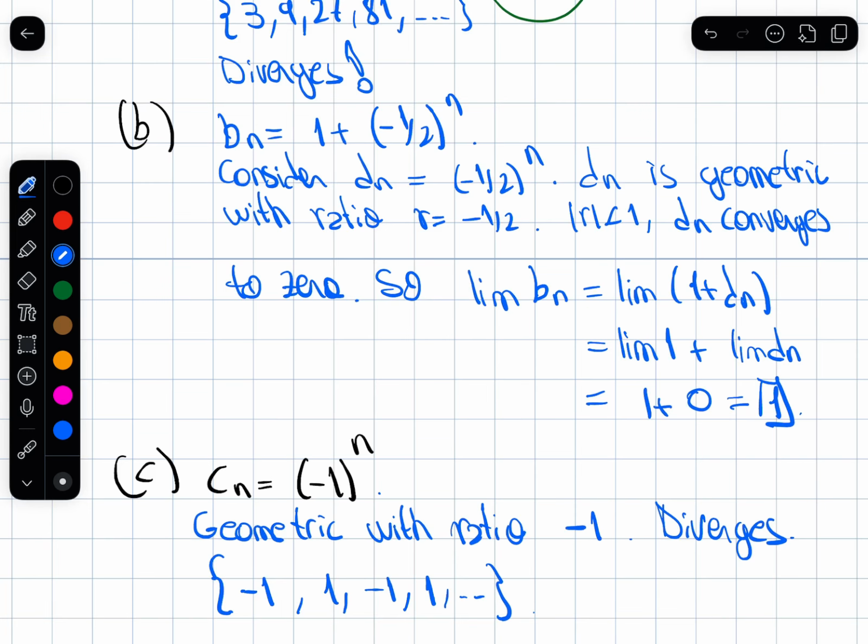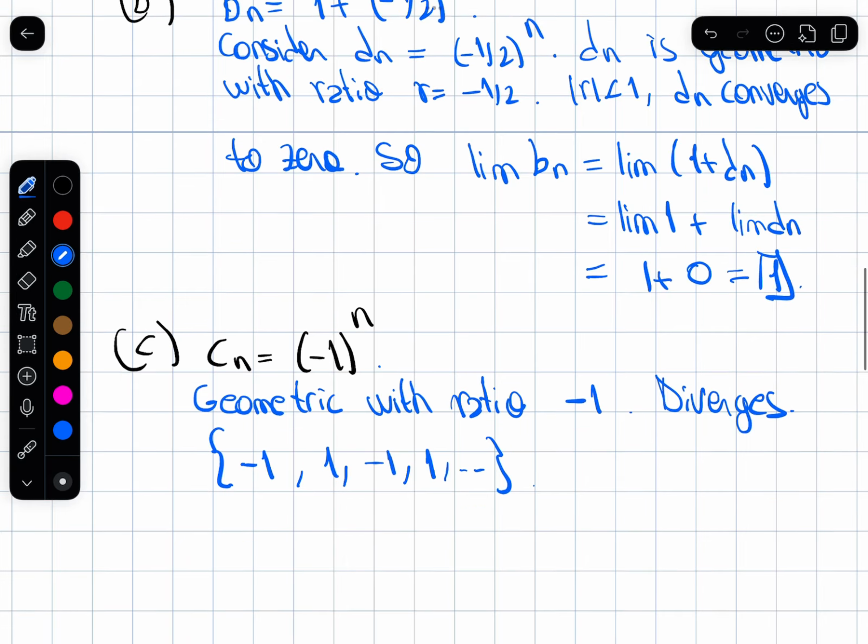Now, there are plenty of problems that you can solve, a lot of cool properties that geometric sequences have.